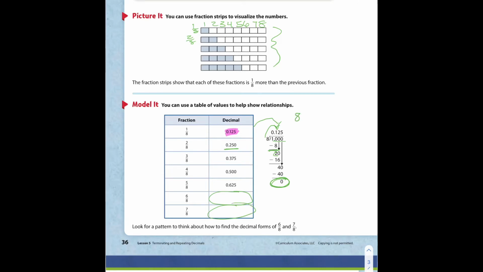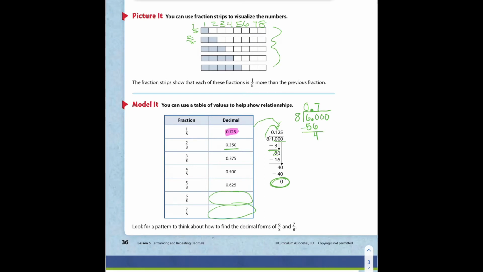So we want to divide 8 into 6. So we put our decimal with 3 zeros. I'm going to go ahead and bring up my decimal. We just bring it straight up. So 8 goes into 6 0 times. 8 goes into 60 7 times. 7 times 8 is 56.